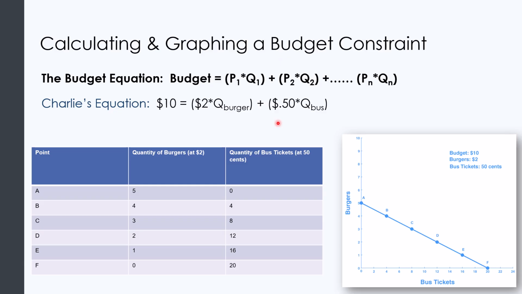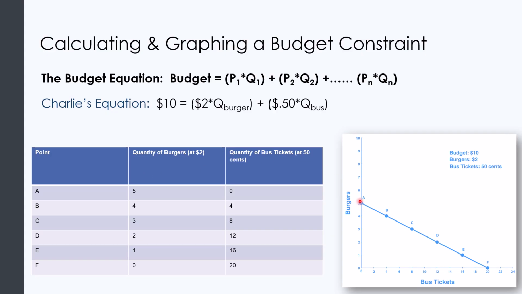And the easiest way, if you're not using calculus, to figure out what combinations we have that use our budget is to just make a list. And the way that I like to make this list is to start at the ends of my budget constraint. I want to know in my sample what my max options are. So let's start here with point A.